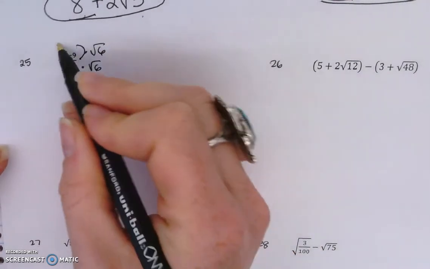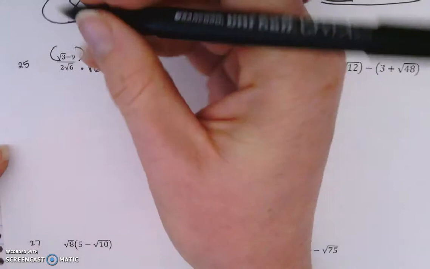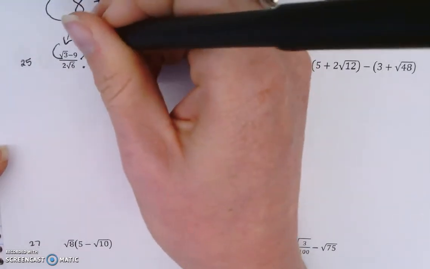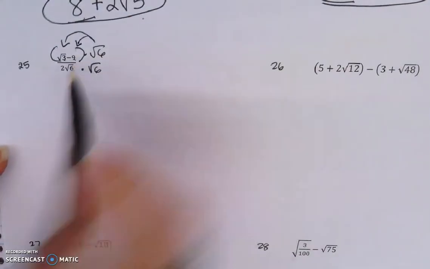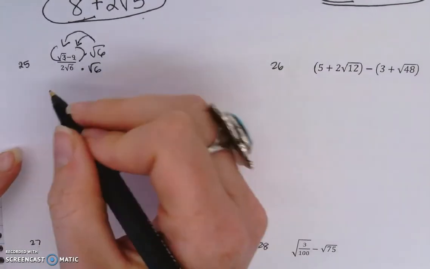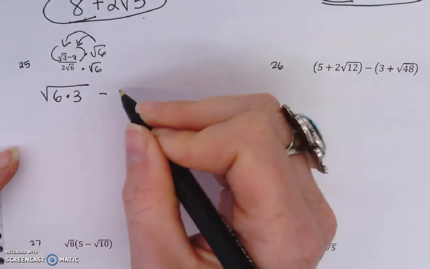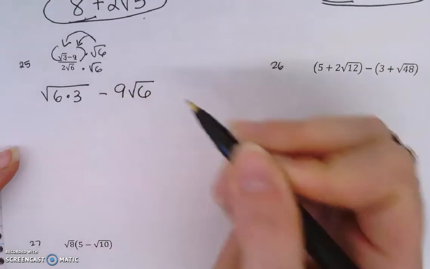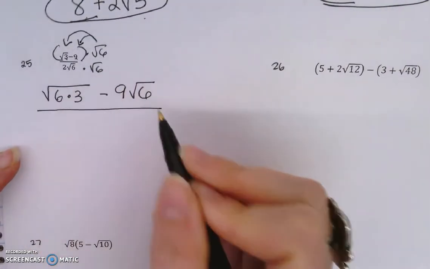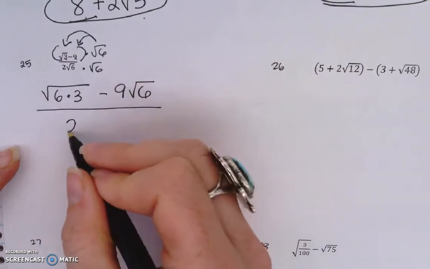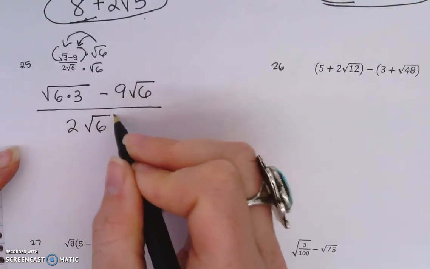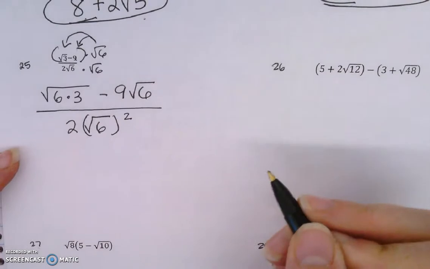I'm going to put parentheses around my numerator to remember that I'm going to need to distribute the radical 6 to square root of 3 and to 9. So here I'll have 6 times 3 inside the radical, minus 9, and square root of 6 stays inside the radical, all over, and now I'll have 2, and then this is going to be square root of 6 being squared.